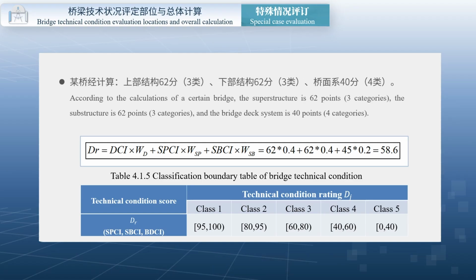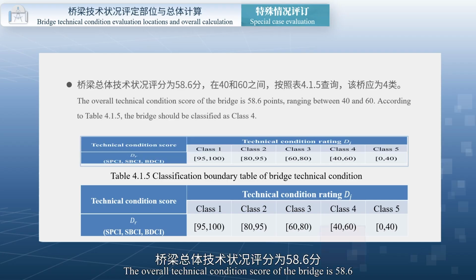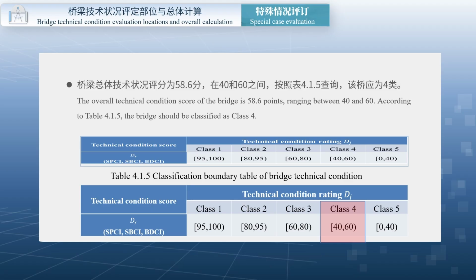For example, a certain bridge through calculation has: superstructure, 62 points, Class 3. Substructure, 62 points, Class 3. Bridge deck system, 40 points, Class 4. The overall technical condition score of the bridge is 58.6, between 40 and 60.